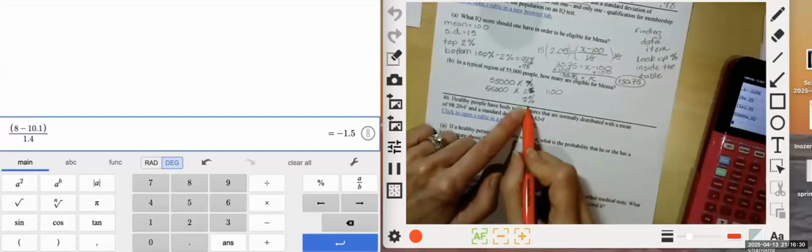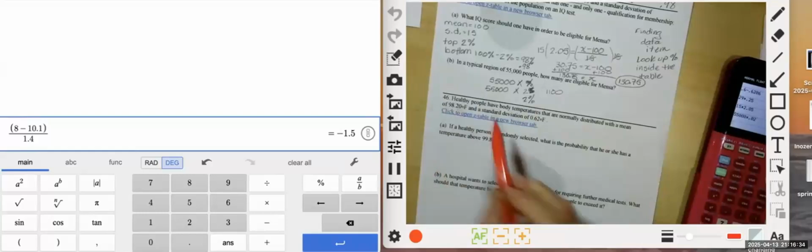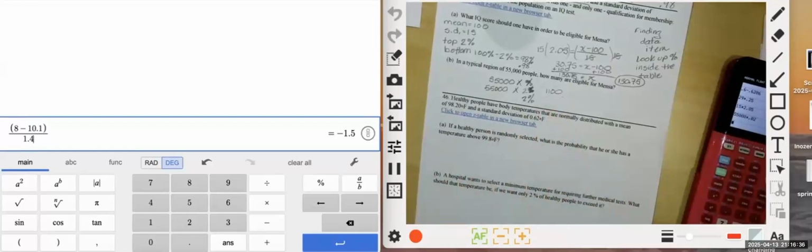Only 2% of these people will be eligible, or 1,100.